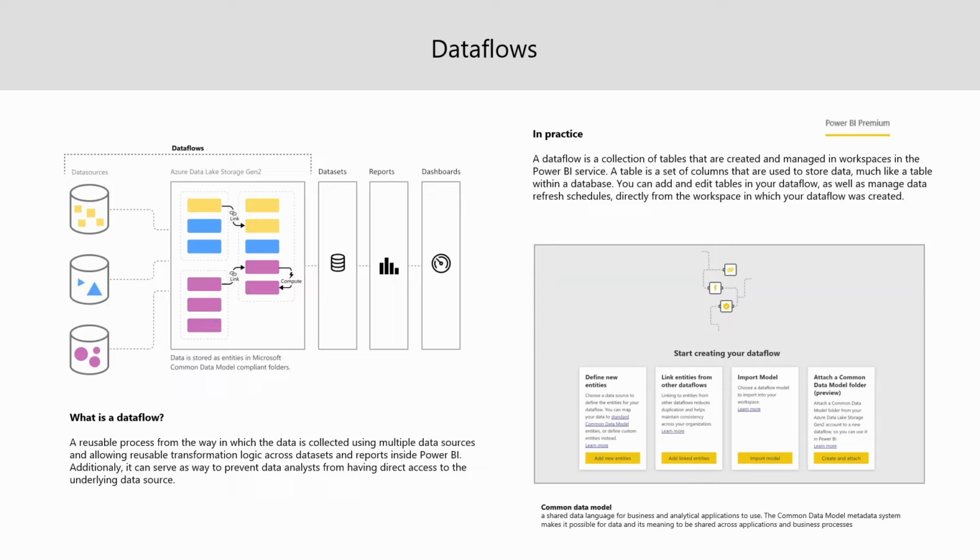Additionally, it can also serve as a way to prevent data analysts from having access to the underlying data source. On the right here is an example of how the structure looks once you want to set up a data flow. Also, for your information, a common data model here is a shared data language for business and analytic applications to use, and it makes it possible for data and its meaning to be shared across applications and across business processes.